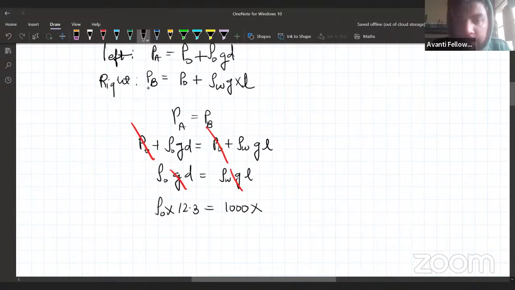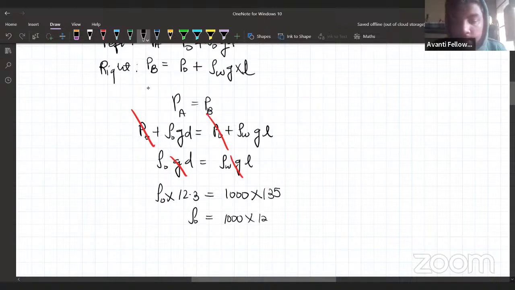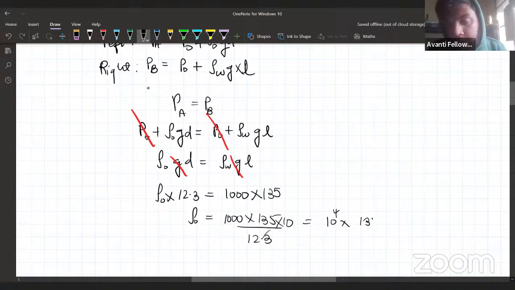L is given as 135 millimeters. Just solve it, you'll get your answer. What will we get after solving? 1000 into 135 divided by 12.3. I'm just removing this decimal point. So this will give us 10 to the power 4 into 135 divided by 123.